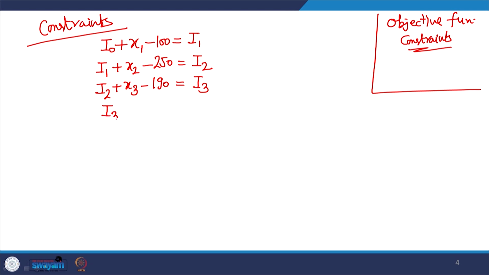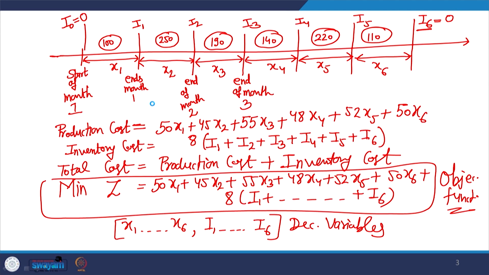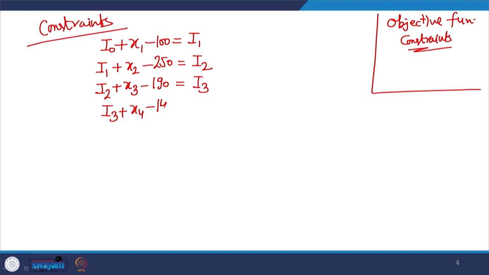I3 will become the beginning inventory for the next period. x4 you are going to produce during this period. The demand is 140 and I4 is the leftover. Similarly, I4 is the beginning inventory for the next period, x5 you are going to produce and then 220 is the consumption and I5 is left.